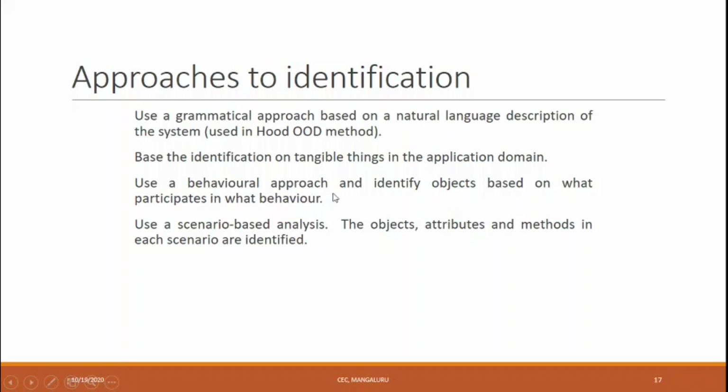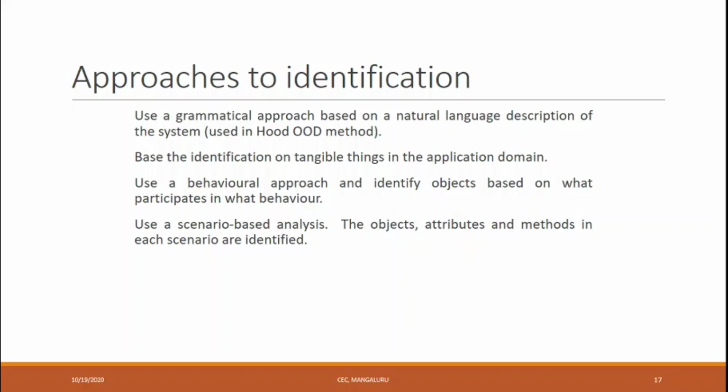Use a behavioral approach and identify the objects based on what participates in what behavior. So it's always better to give a proper name for an object based on the behavior of the participants.